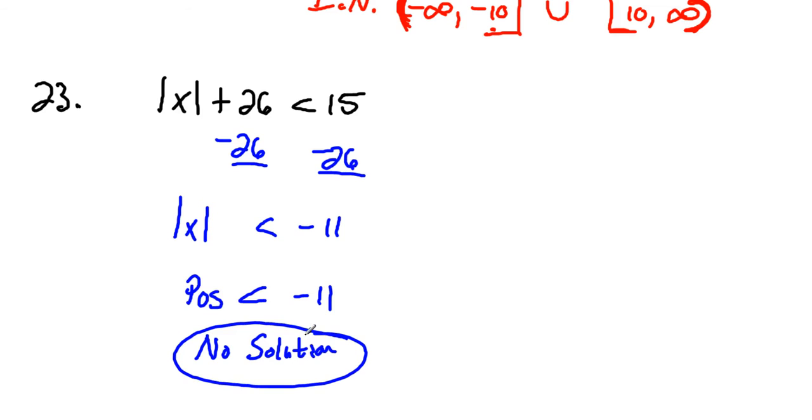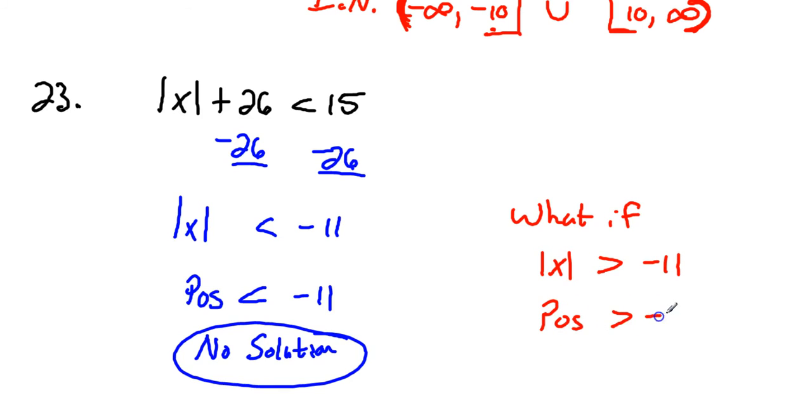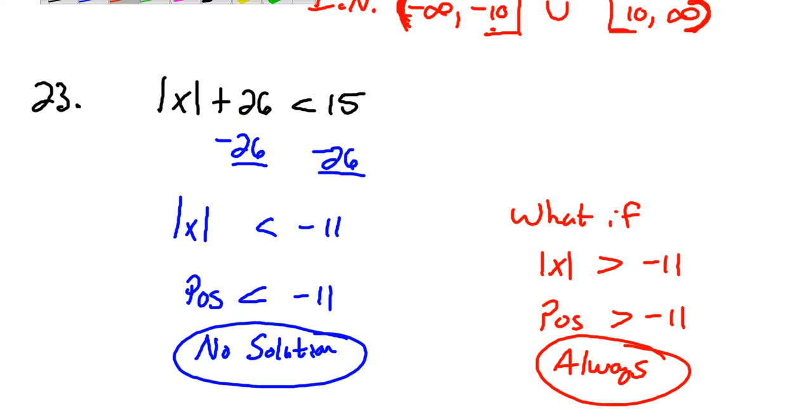Now, what would change that? If you flip that around and made it absolute value of x greater than negative 11, and we know the absolute value is always going to be positive, is a positive number greater than negative 11? All the time, right? So that would be always. So if you still get a negative number, with equations, it was always no solution.